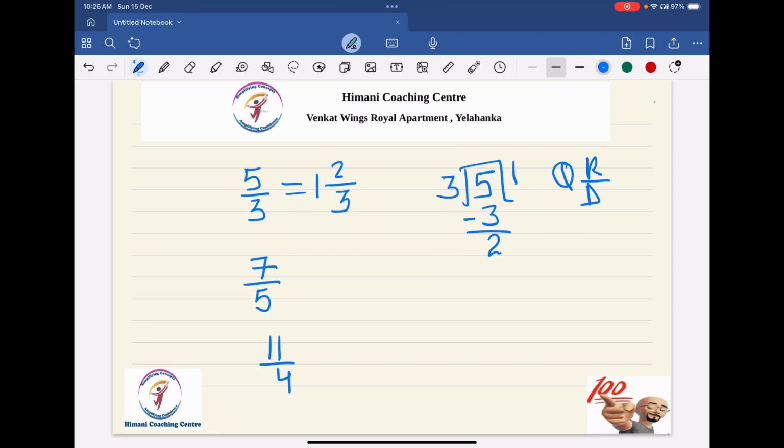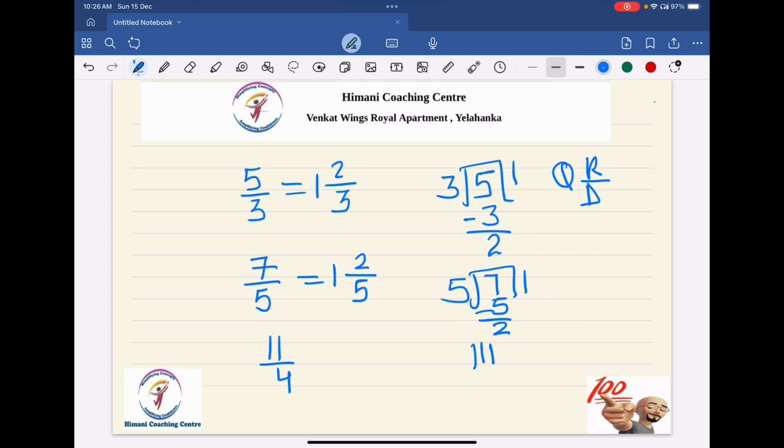Now let us do 7 by 5. When we divide, we get 5 ones are 5, 7 minus 5 is 2. What is the quotient here? 1. What is the remainder here? 2. What is the divisor? 5. So 7 by 5 can be written as 1, 2 upon 5.